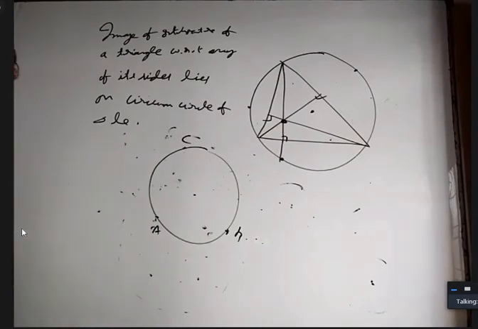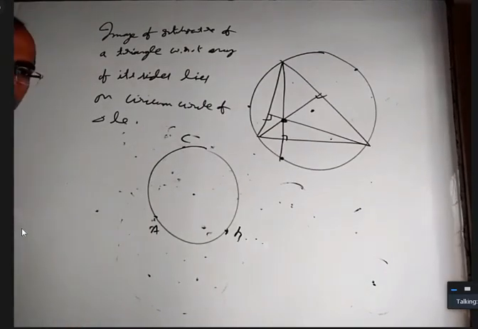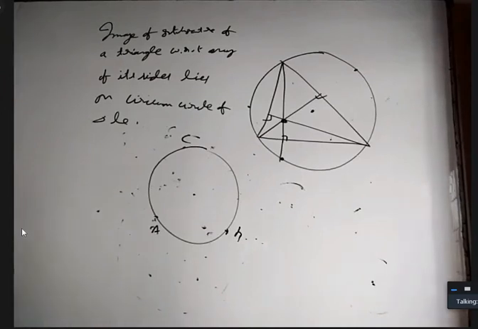What is the locus of the orthocenter of triangle ABC, as points A, B, C all change?